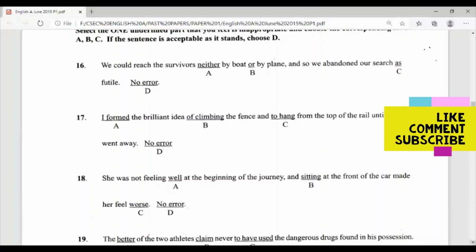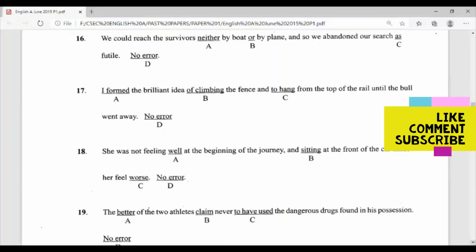We're at number 18. She was not feeling well at the beginning of the journey, and sitting at the front of the car made her feel worse. Okay, so we're going to say there's nothing wrong with this sentence. The sentence is twofold.